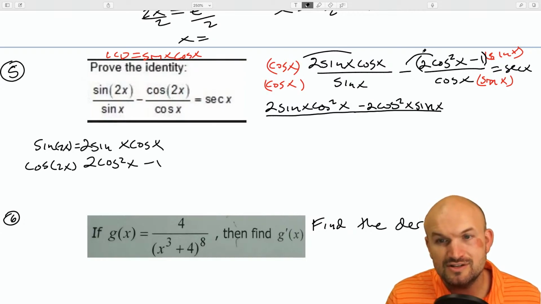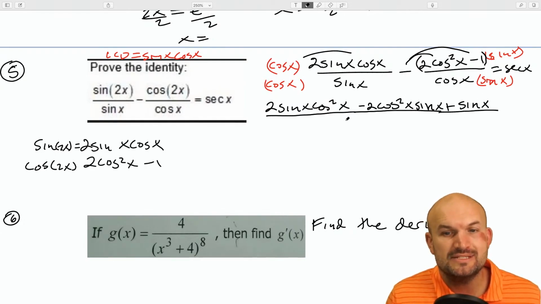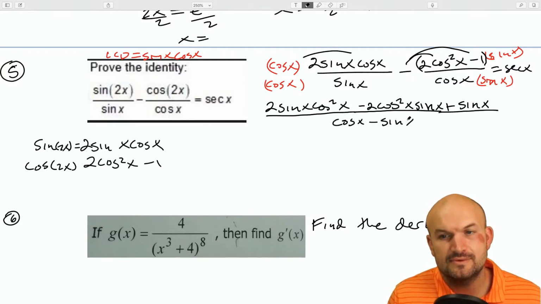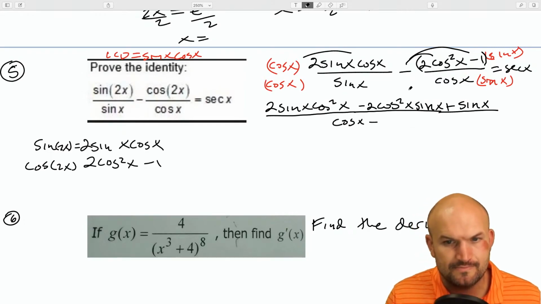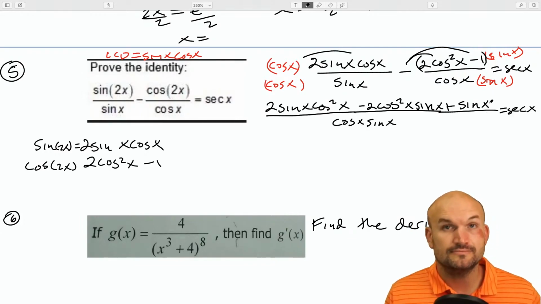Now again, you also have to distribute this negative, plus a sine of x. That's a lot. And this is all over my common denominator of cosine of x times sine of x. All right, cool. And this is still equal to secant of x.